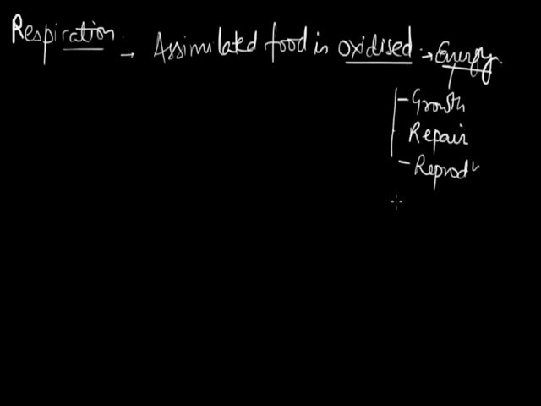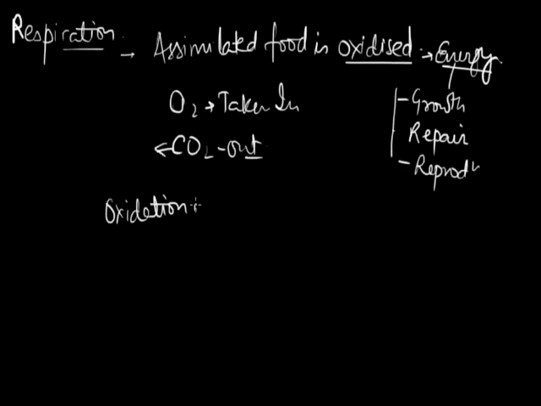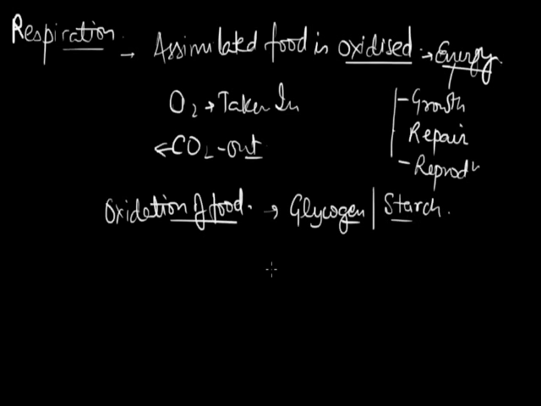In the process of respiration, oxygen is taken in and carbon dioxide is given out. Energy liberated as a result of oxidation of food is captured in the form of glycogen in animals and starch in case of plants, which is later on used in different activities.